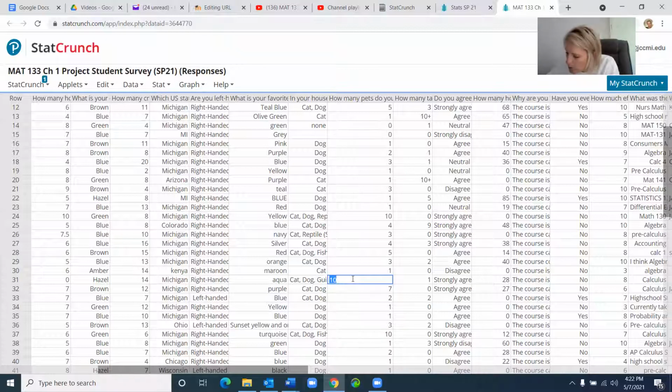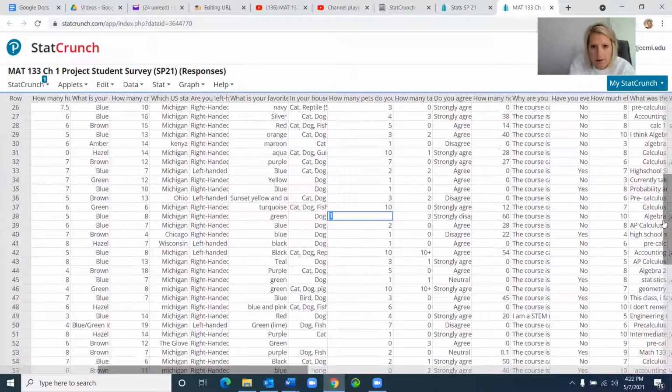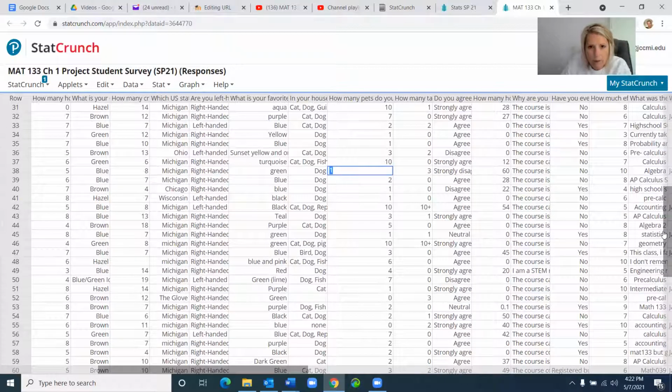And then 7, 2, 1, 1. 3 and a 10. Right there. Now we have 1, 2, 1, 1.